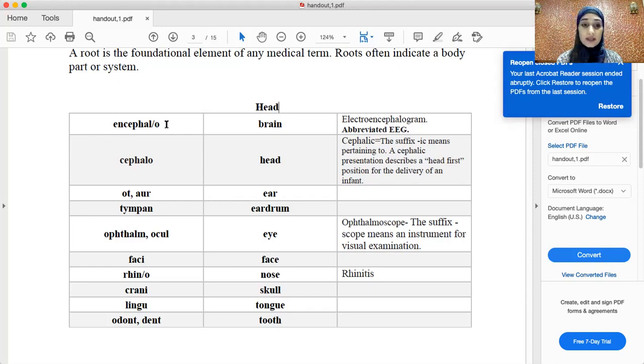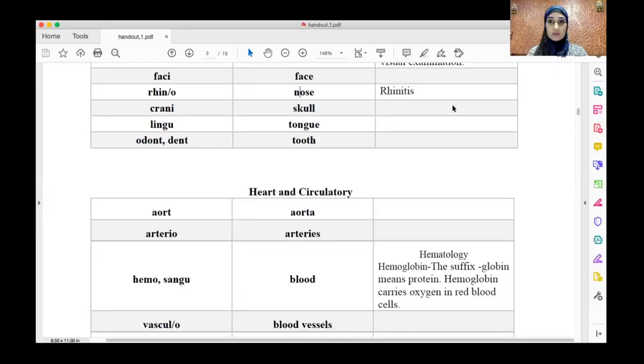Rhino or rhin, referring to the nose. When we say rhinitis, it refers to the inflammation of the mucous membrane of the nose. Crani means skull. Lingu means tongue. Odont or dent means tooth.